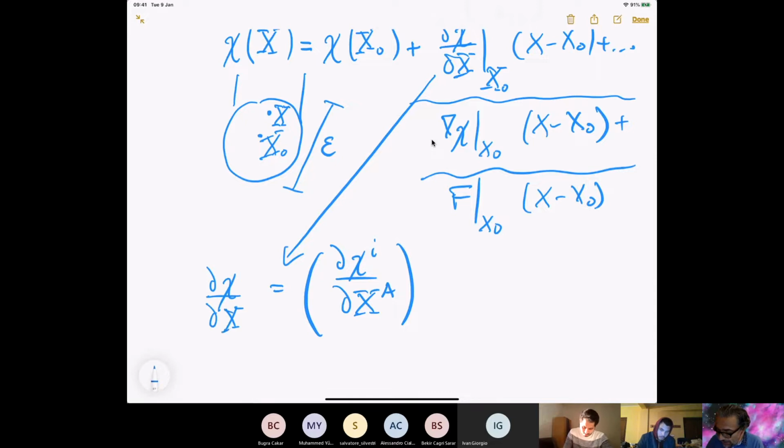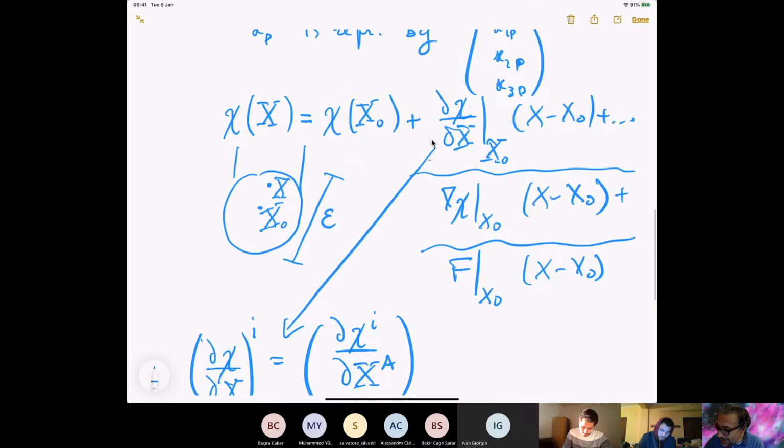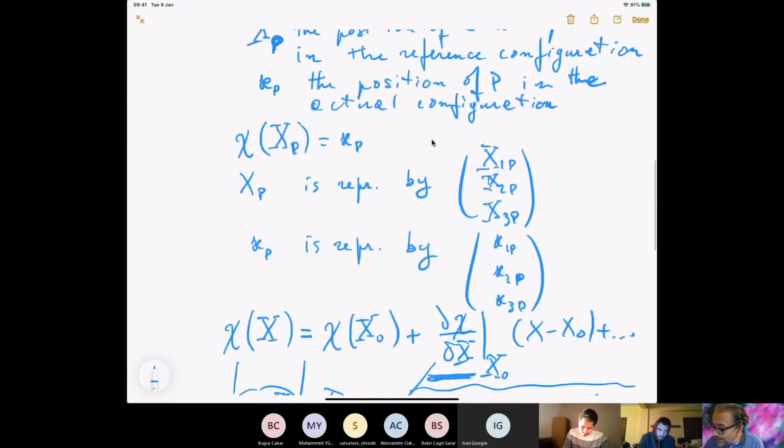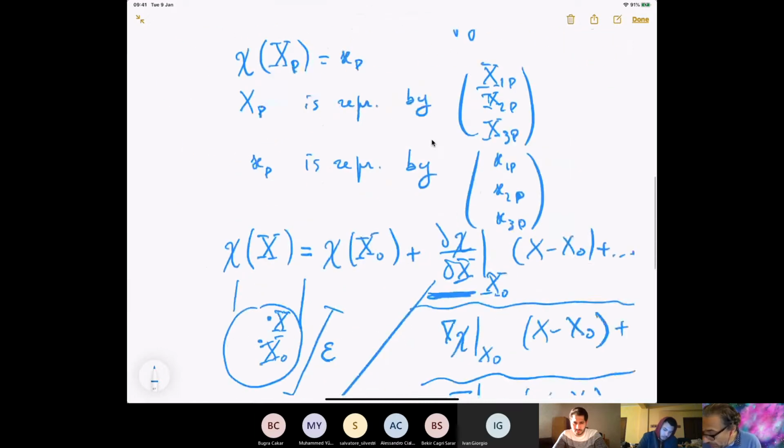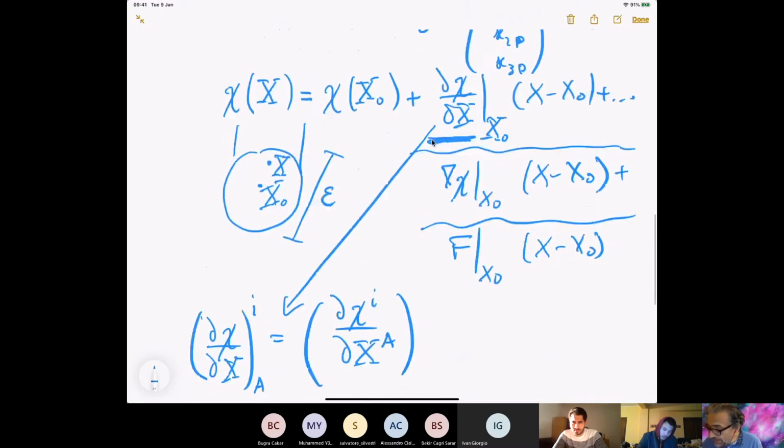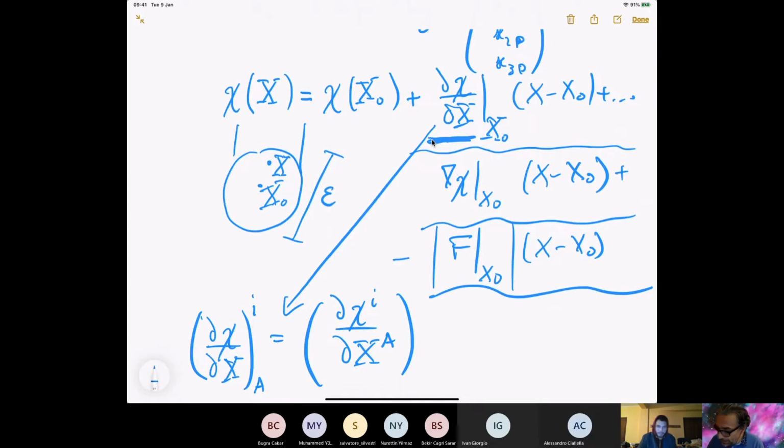The remark is that this is a matrix because this is a linear map, but we are representing it in the basis small e_i and capital E_A. So with this linear map we are underlining the fact that we are dealing with a linear map.